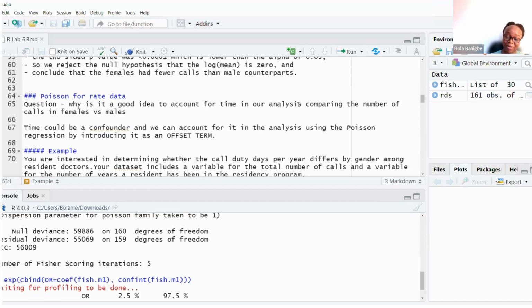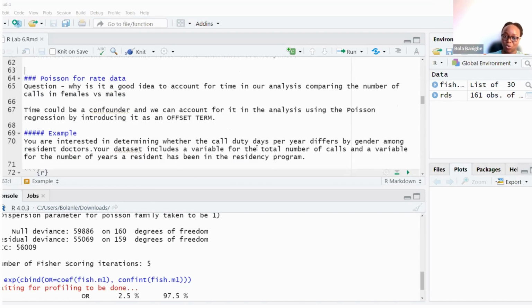We've collected this data among resident doctors over time, and we want to know if the time that they spent in the residency program has any effect on the number of hours of calls, or the mean number of hours of calls, that they took. So we want to put that in our analysis and account for it as a potential confounder.